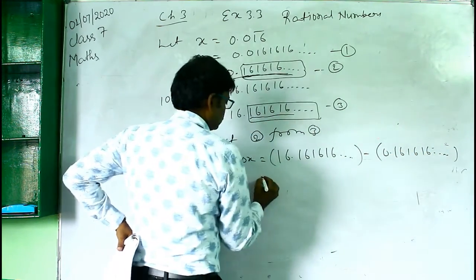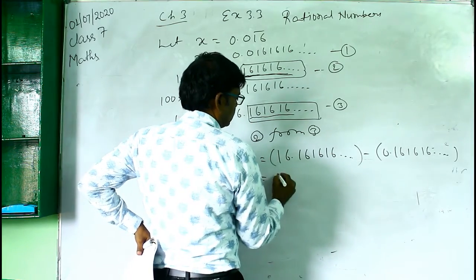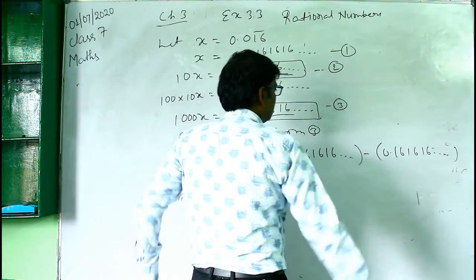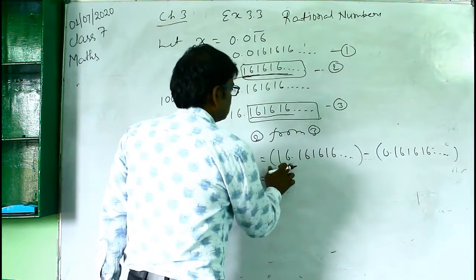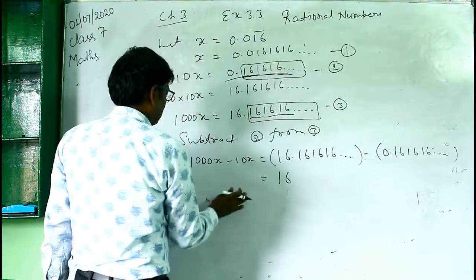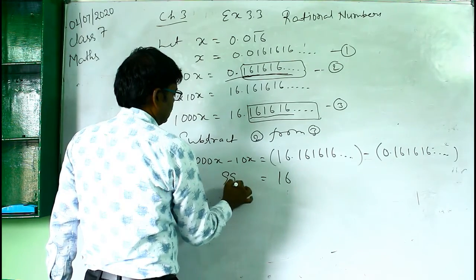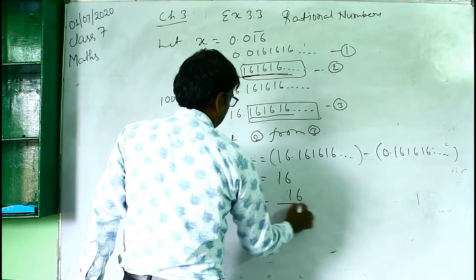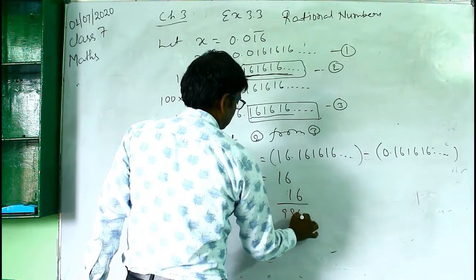Now when you subtract these two, you will get 16 only, because after the decimal the numbers are the same, so when you subtract it will be 0, so only 16 minus 0 will be 16, and on this side you will have 990x. So x equal to 16 by 990.